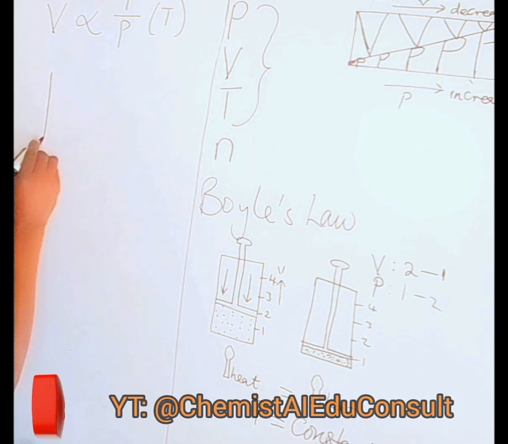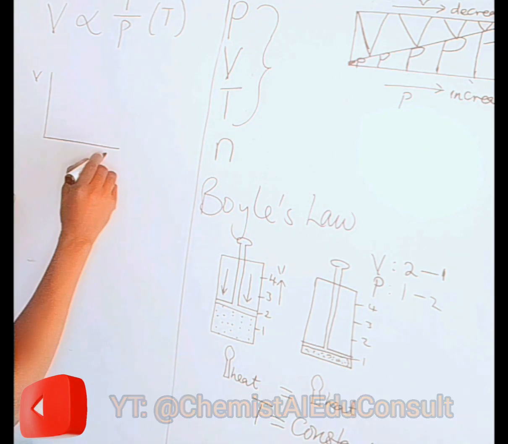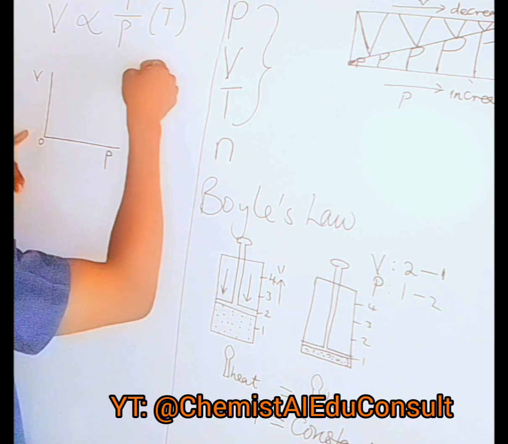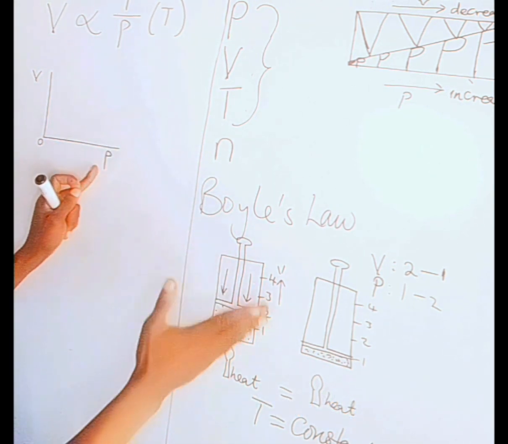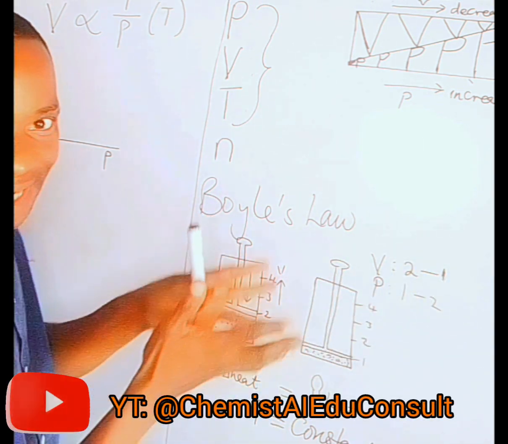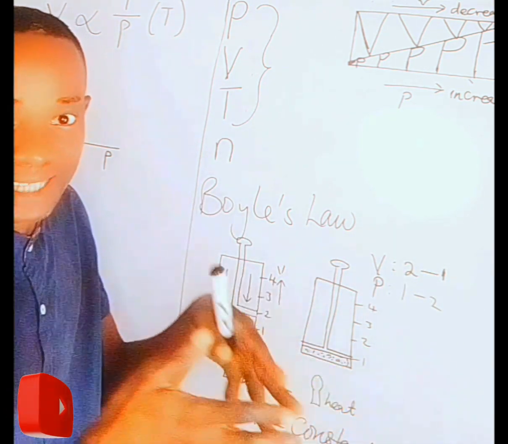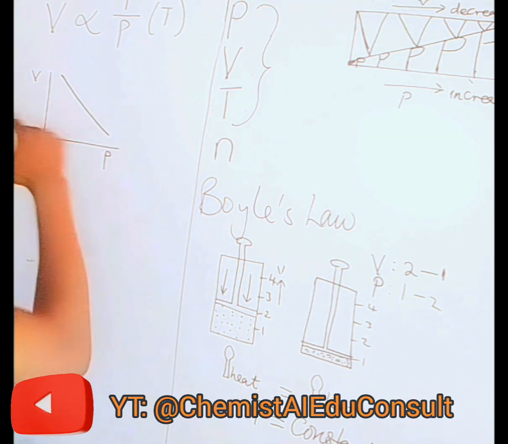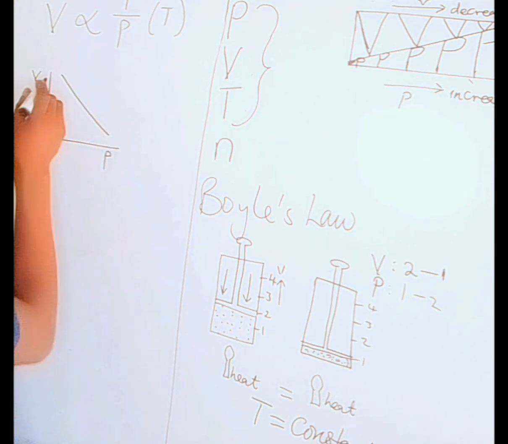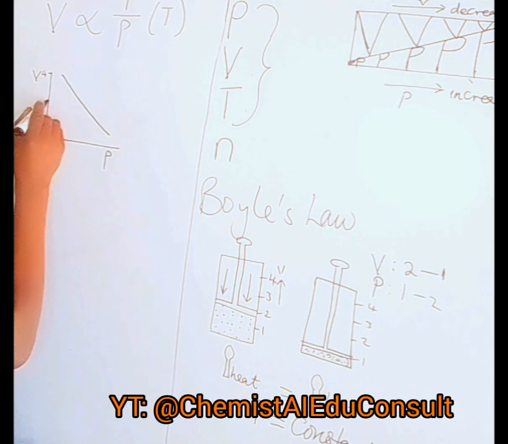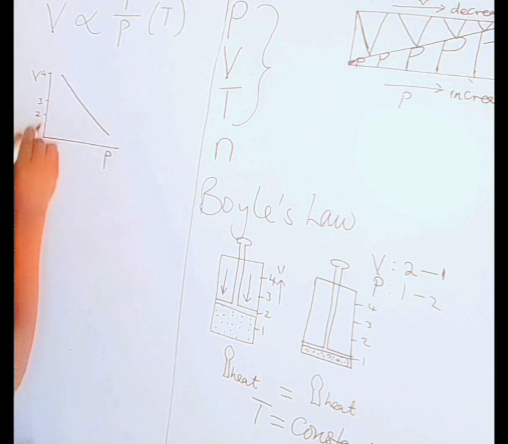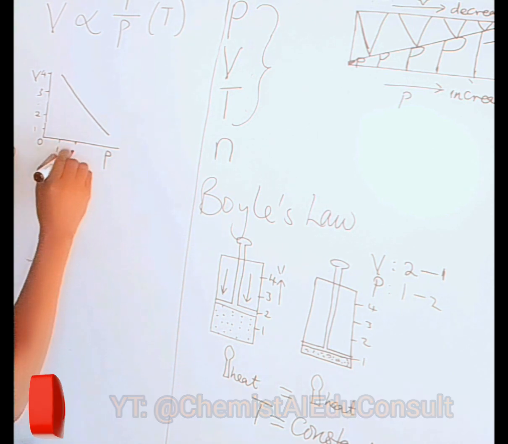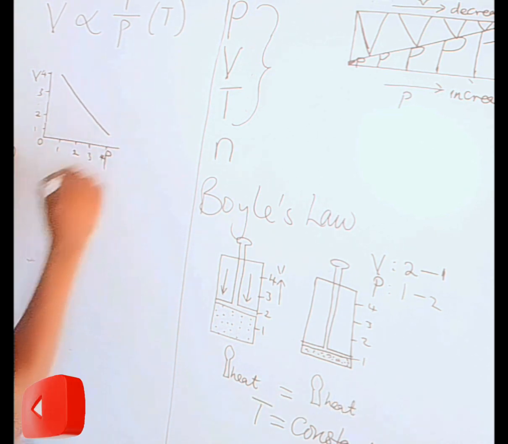If you plot a graph of volume against pressure, instead of getting a straight line from origin to show that volume and pressure are directly proportional, that is, if one increases, the other one increases at the same magnitude, we would rather get something like this, showing that as volume decreases, let's say this is 4, this is 3, this is 2, this is 1, and this is 0. And here we have 1, 2, 3, 4.